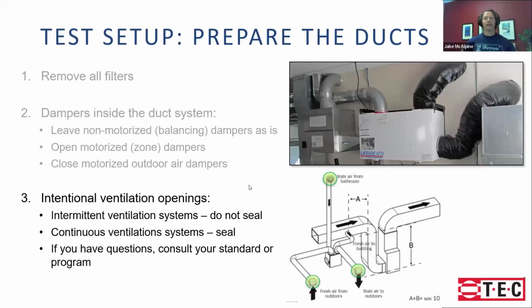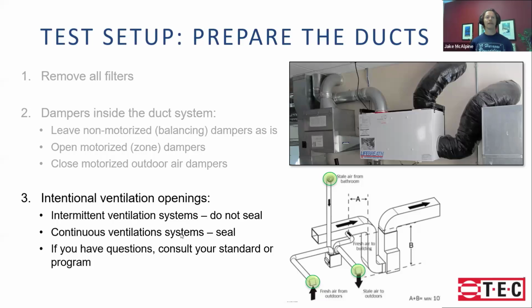Another big topic, becoming a bigger topic, is what do we do with other systems that are using the ducts? This is oftentimes ventilation, but can be dehumidification. And what we have here is a slightly more complex area. But to boil it down, if you have a system that's connected and it's intermittent, you don't seal that up.